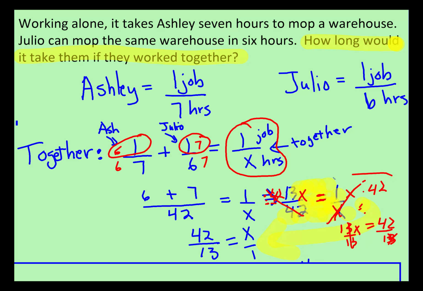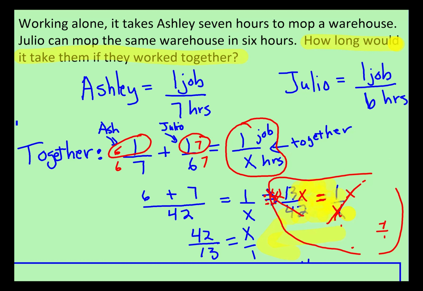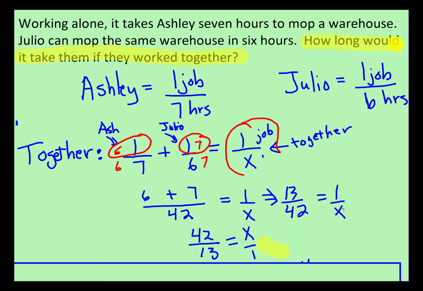So I can save all of this work by, when you have two ratios with a variable in the denominator, you can just simply flip both sides, which is what I did here. Now that it's flipped, well, how much is 42? What that's saying is you can do 13 jobs in 42 hours, because we flipped it.